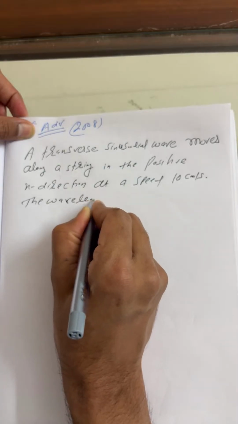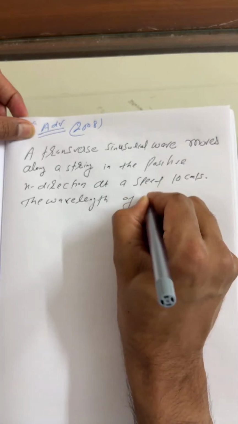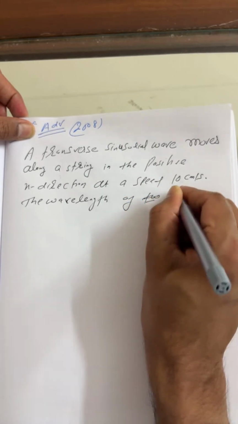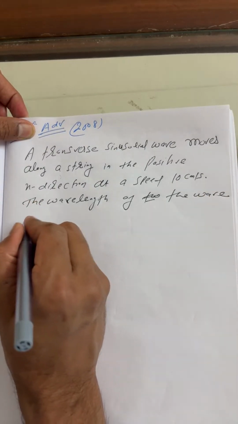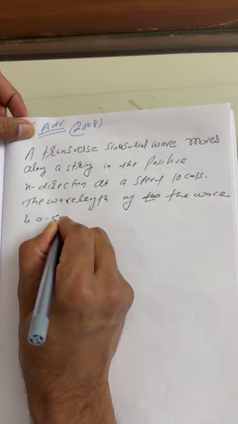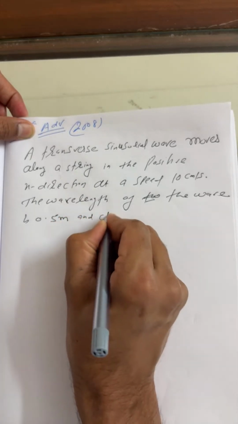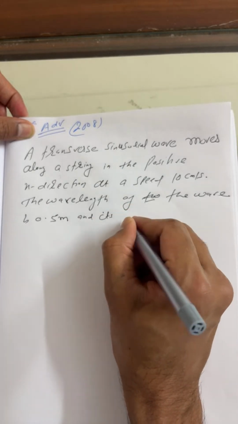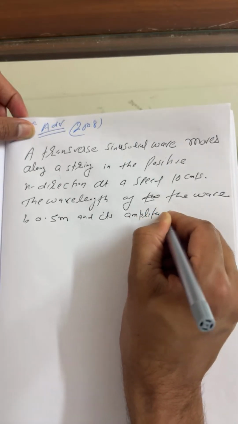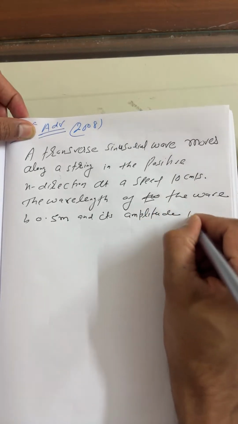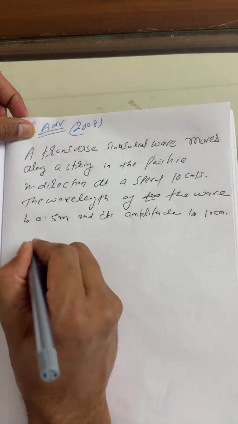The wavelength of the wave is 0.5 meter and its amplitude is 10 centimeter.